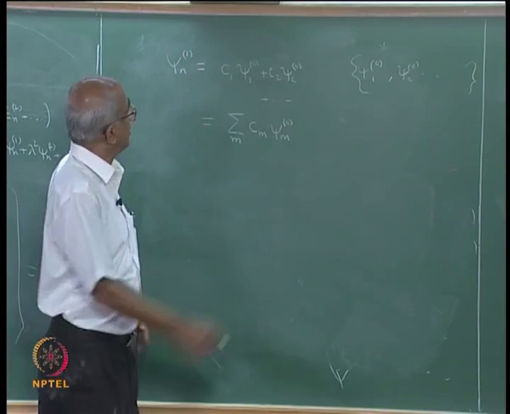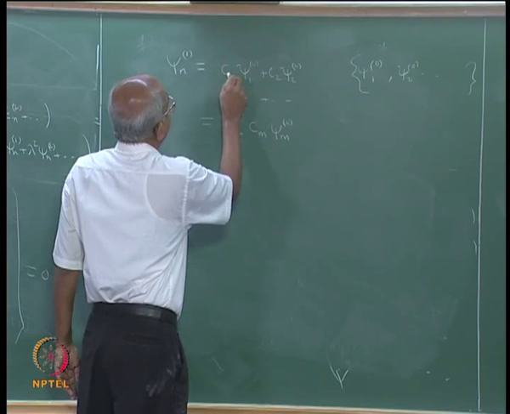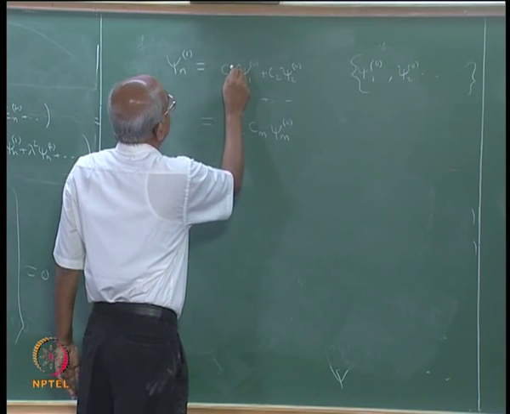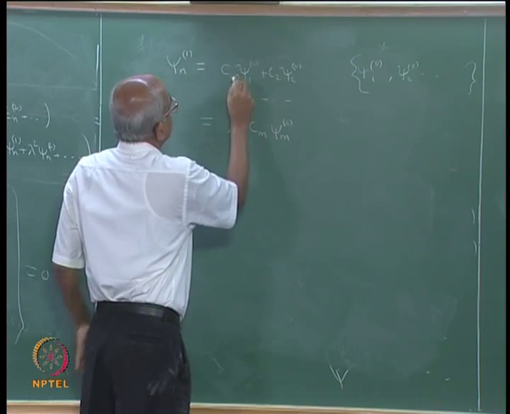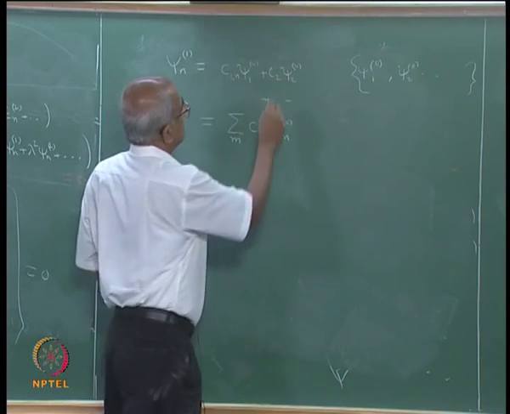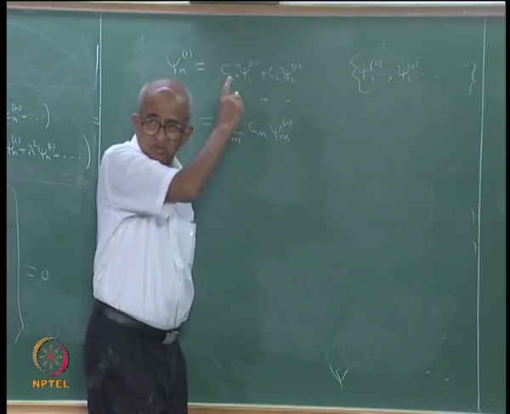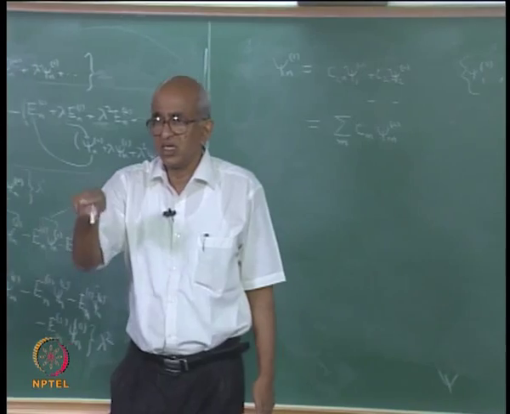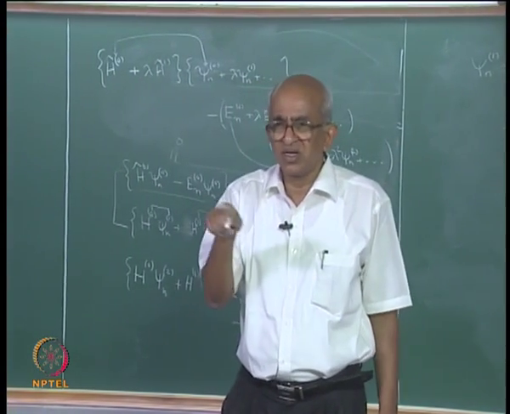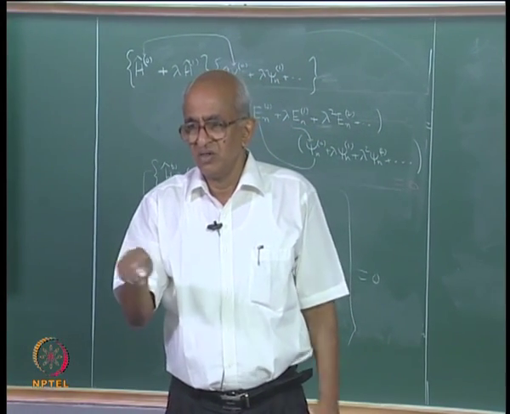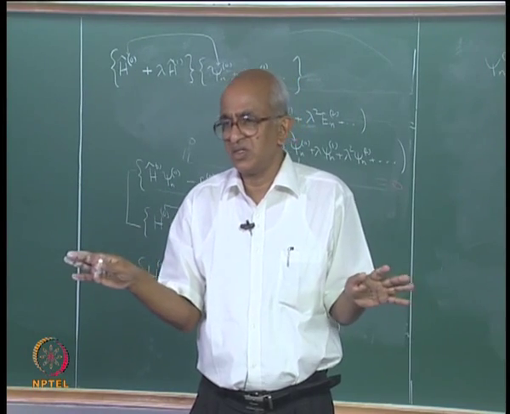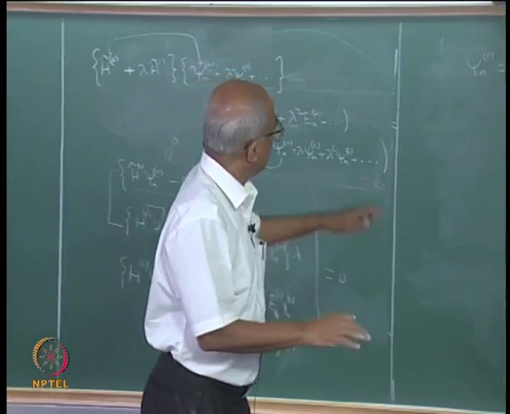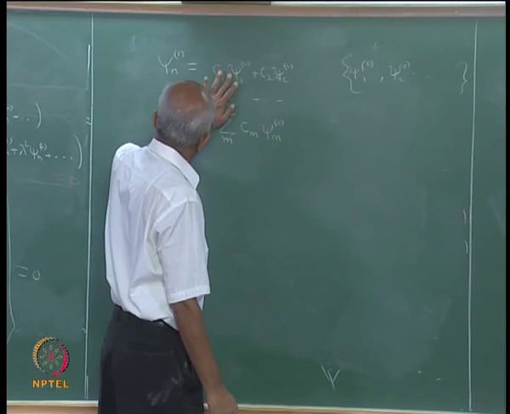So, strictly speaking, I should put another subscript n there, to indicate that this will actually depend upon the state that you are thinking of, but that will complicate the notation. So, just remember that I am thinking of the nth state, and I will not write this subscript, which strictly speaking has to be there.